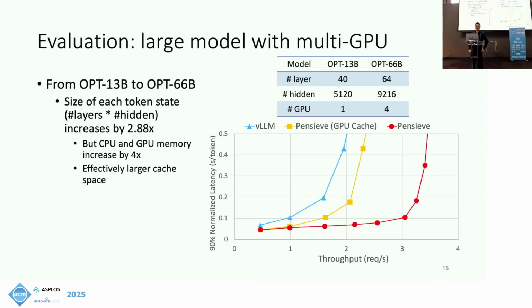The next experiment is on a larger model with multiple GPUs. Here, the size of each token state increases by 2.88x, but because we use 4 GPUs, our memory capacity increases by 4x. So effectively, we have more cache space per token. As a result, compared to the baseline, we achieved more improvement over the single GPU setup.